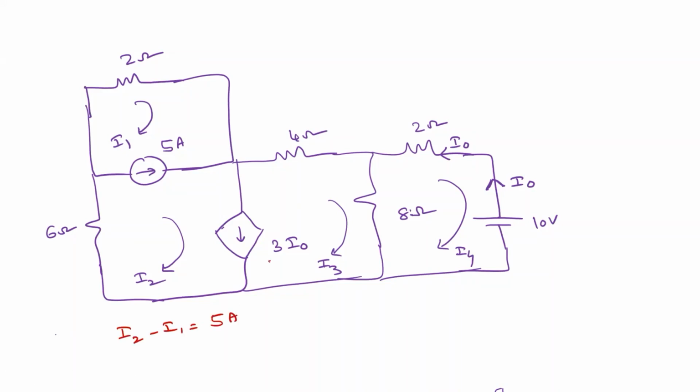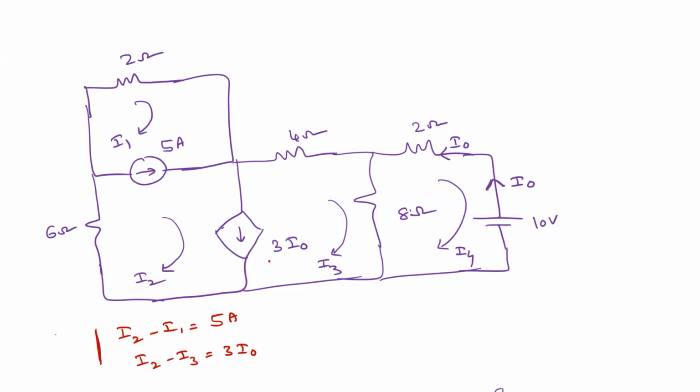What is the other equation we have? I2 minus I3 is 3 I0. Clear? So keep these equations aside.